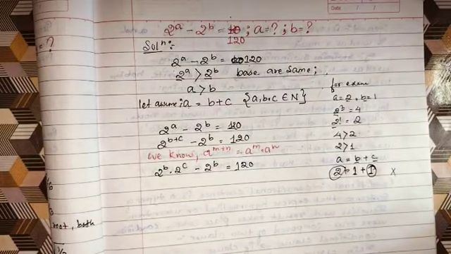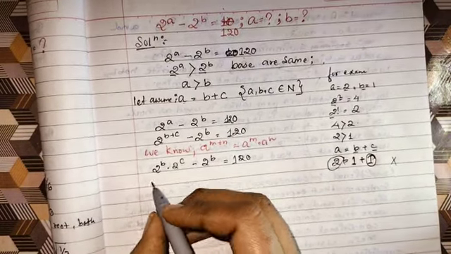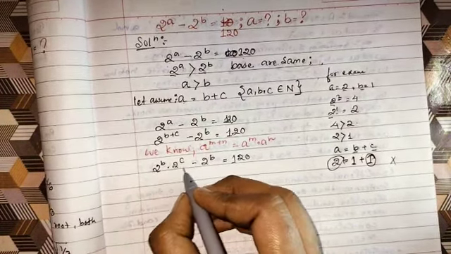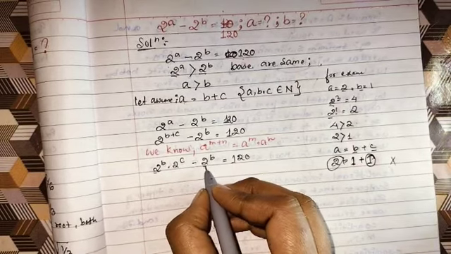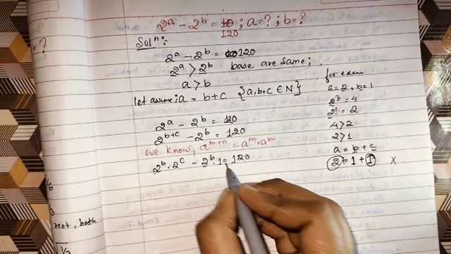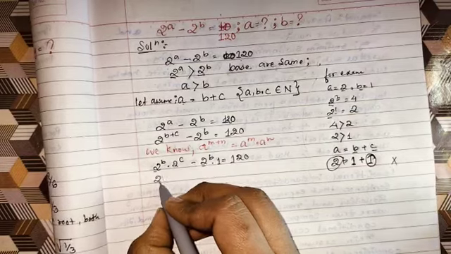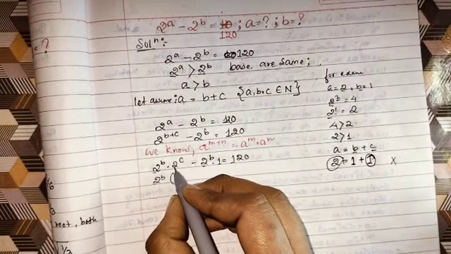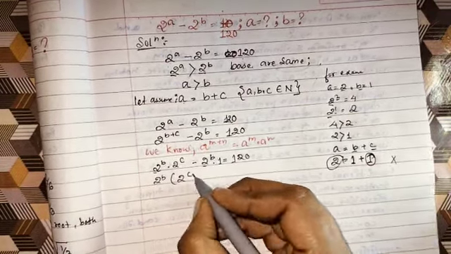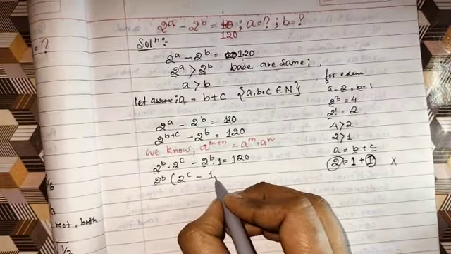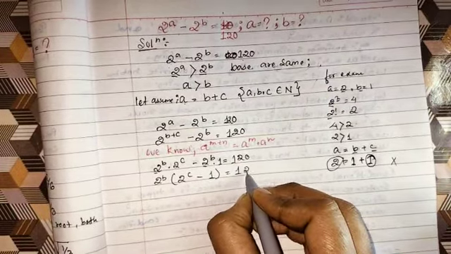Fine. Hope these are clear. Now here what we can see is 2 to the power b is common. So 2 to the power b we will keep aside, and we will be left with 2 to the power c minus 1 is equals to 120.